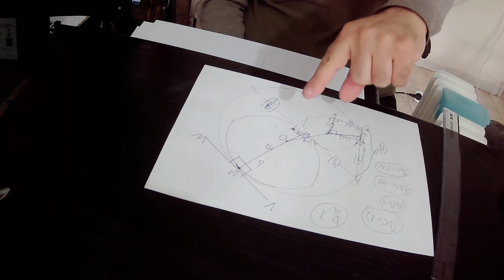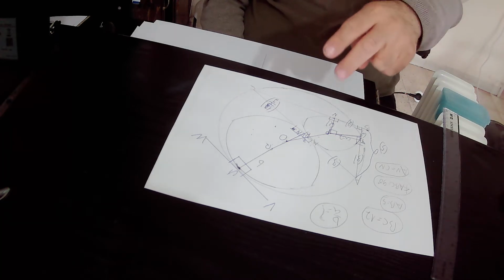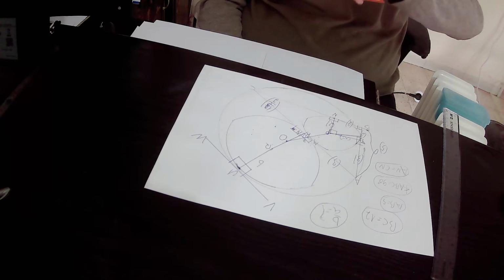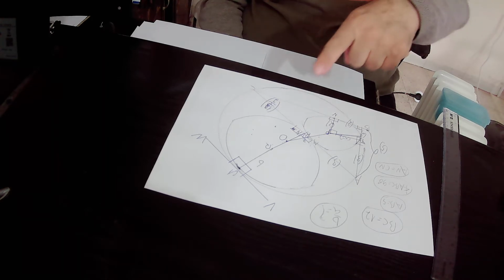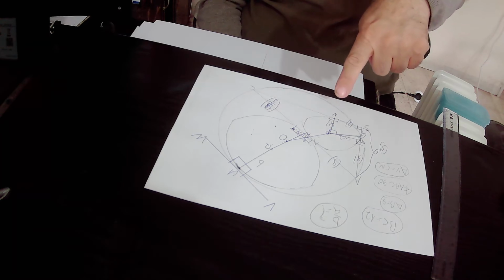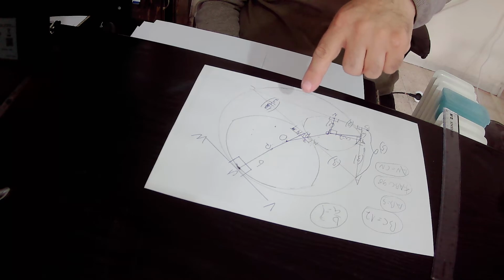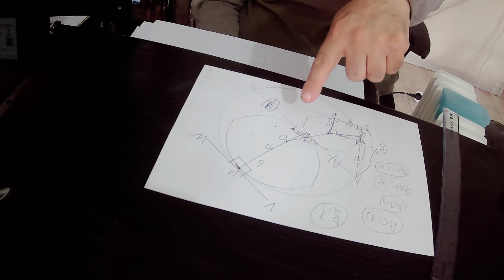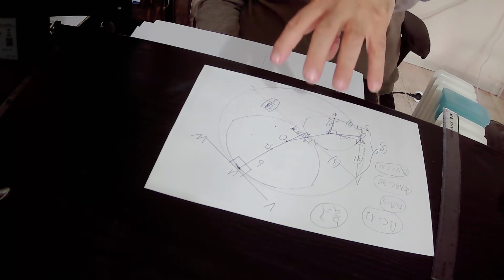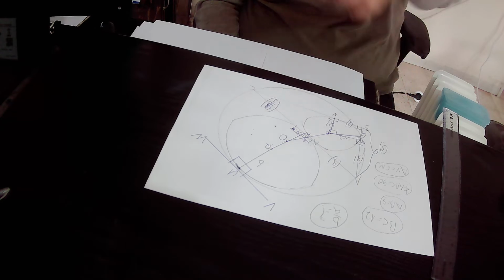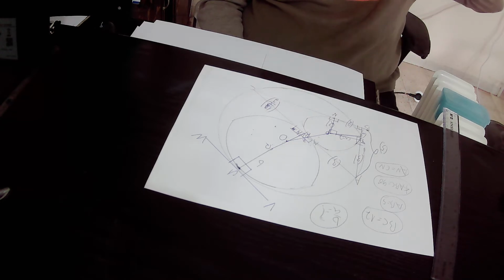So we join the centers of the two circles together. That is to say, line segment OP connects the two centers with a straight line.